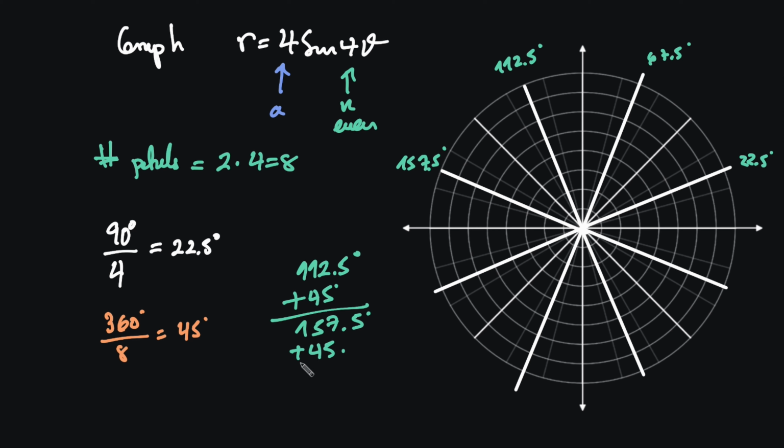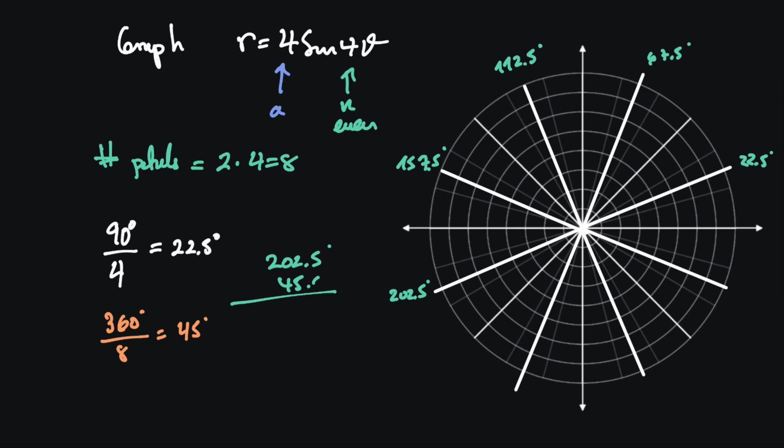So let's find the numbers for the others. If we add 45, we get 202.5 degrees, right? And we can keep adding. So 202.5 degrees plus 45 will be 247.5 degrees.